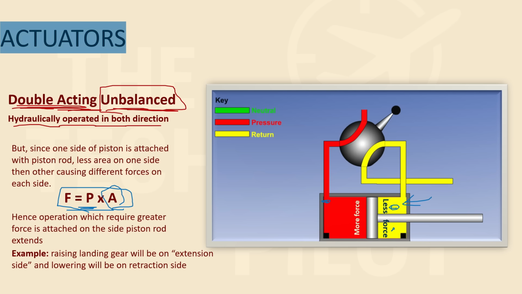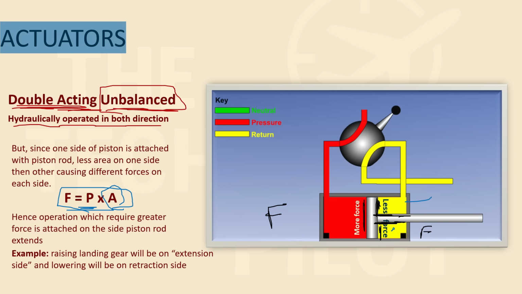So you have more area on this particular side, so your force will be more on this side, and you have less area on this side because of this piston rod. The piston rod does not contribute to the area on which force is applied, right? So this side will have less area and you have lesser force available on this side.